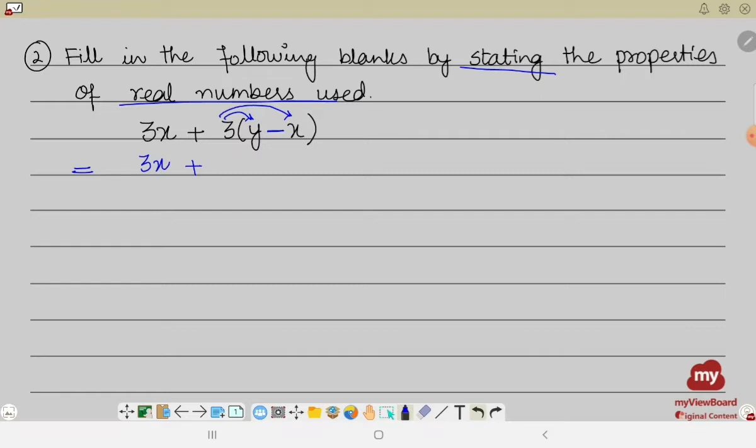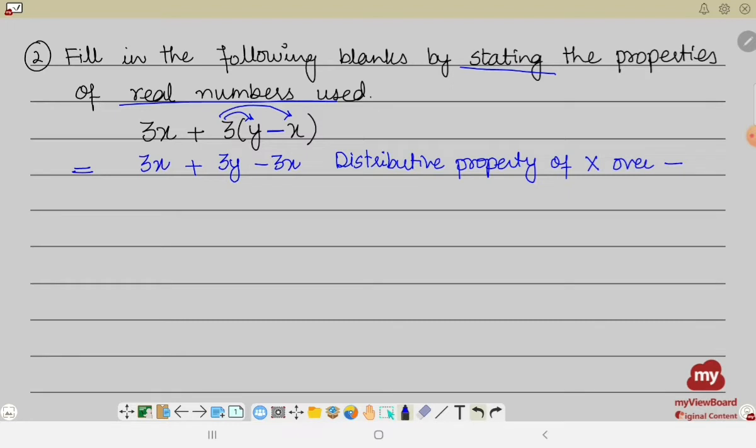So this is the distributive property of multiplication over subtraction. In return you'll get 3y minus 3x, and in front of it we'll write the distributive property of multiplication over subtraction, right?